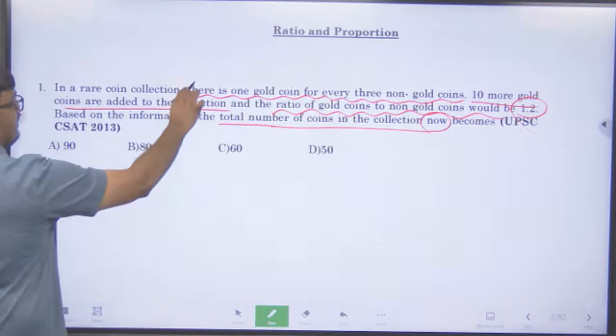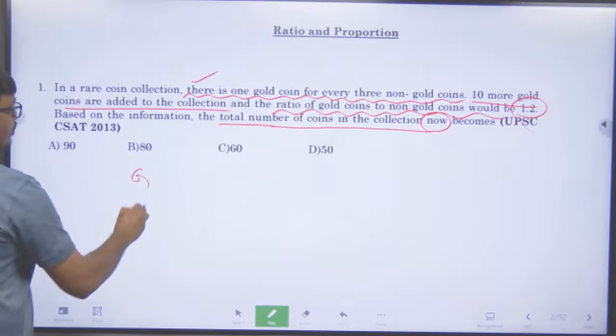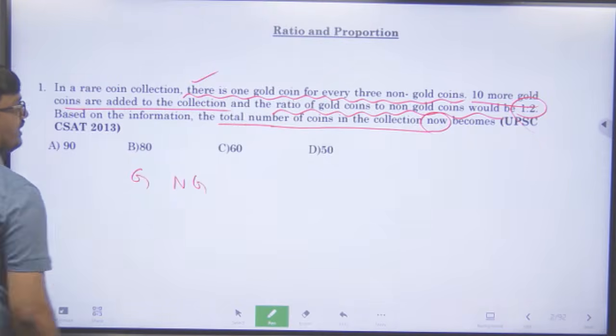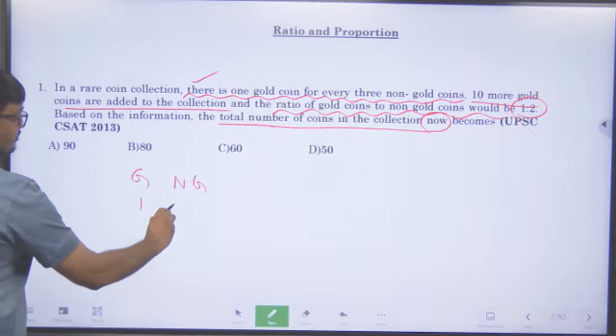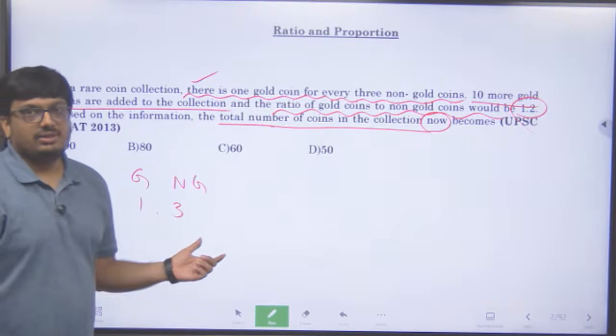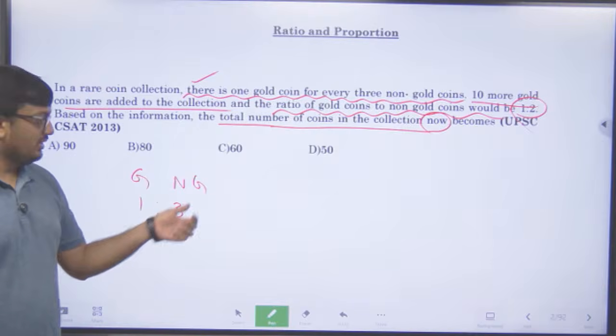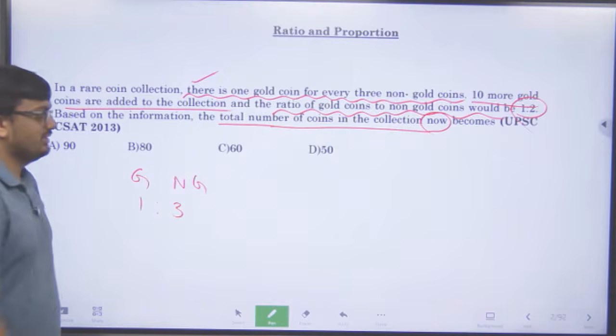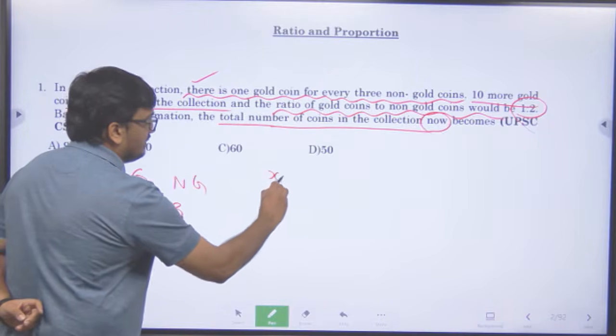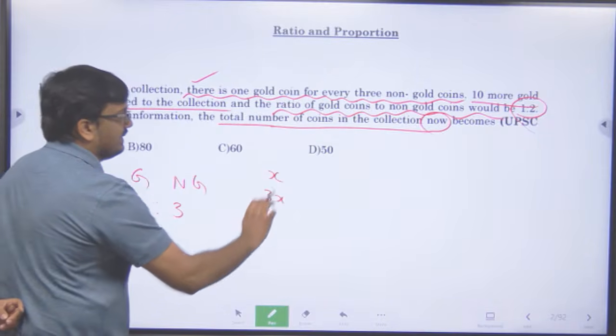In the first sentence, there is one gold coin for every 3 non-gold coins. That is 1:3. In the X method, let us take gold coins as X, non-gold coins as 3X.